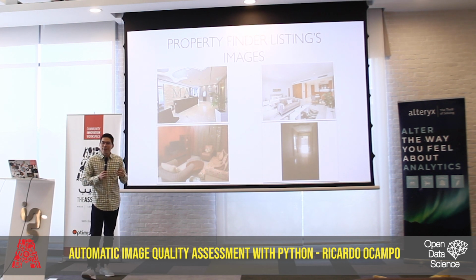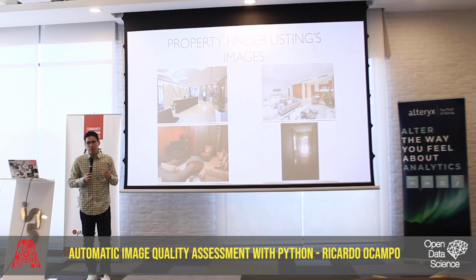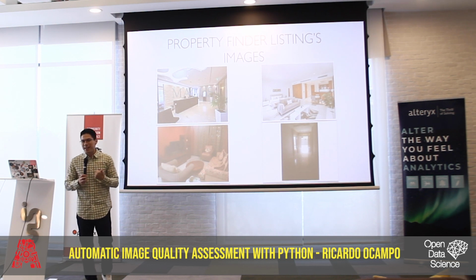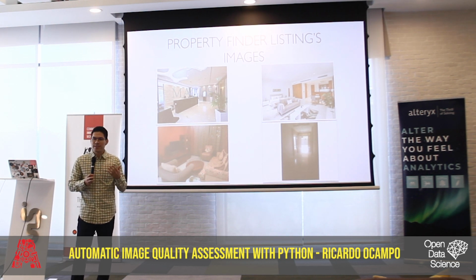At Property Finder, we have a very big issue. We rely on the images that the agents and the brokers send us. If the images are not good, it's okay, because the current quality score just counts the number of images, and that's it. Easy. So the agents do it because they want to sell.